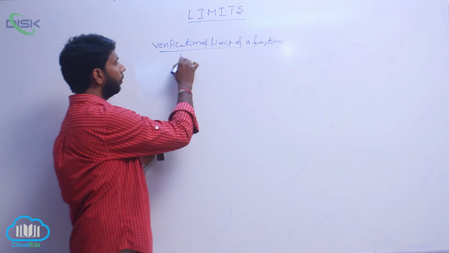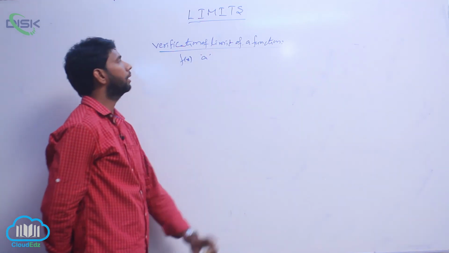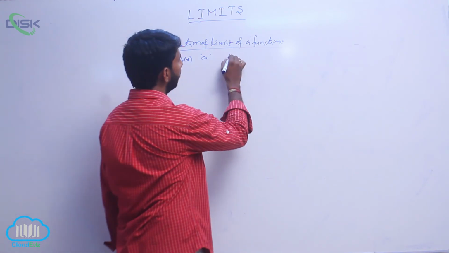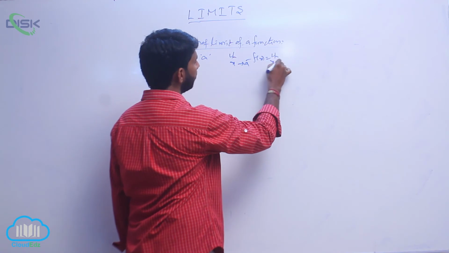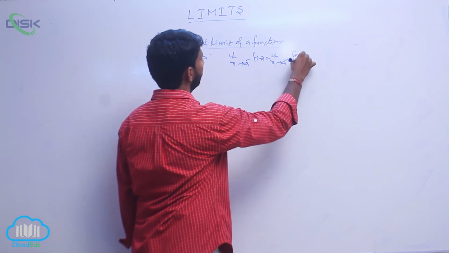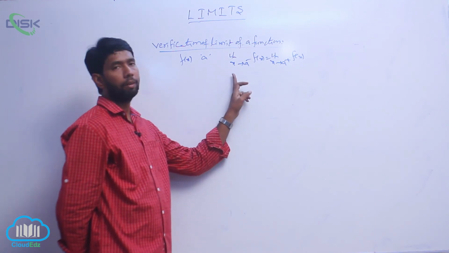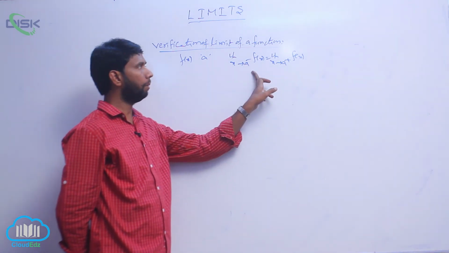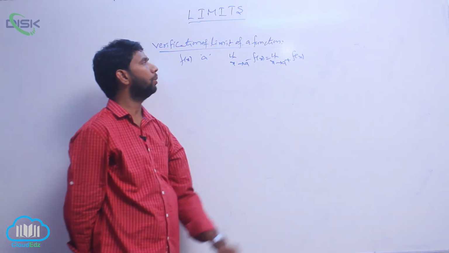Suppose the function f of x at x equal to a: the function has a limit at x equal to a when the limit as x tends to a minus of f of x equals the limit as x tends to a plus of f of x. The limit exists when the left limit is equal to the right limit.